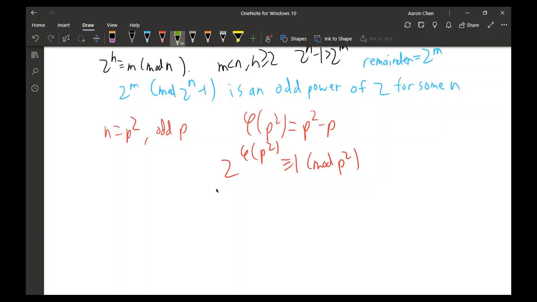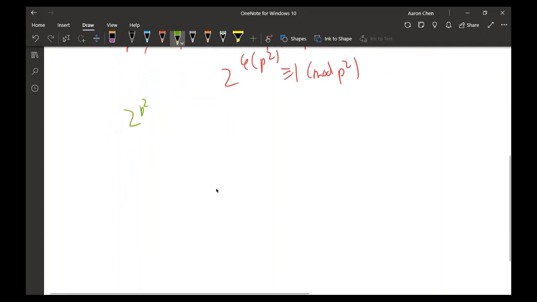What that would mean is that 2 to the power of p squared, 2 to the power of p to the power of 2, is congruent to 2 to the power of p squared minus p plus p, which is congruent to 2 to the power of p mod p squared.